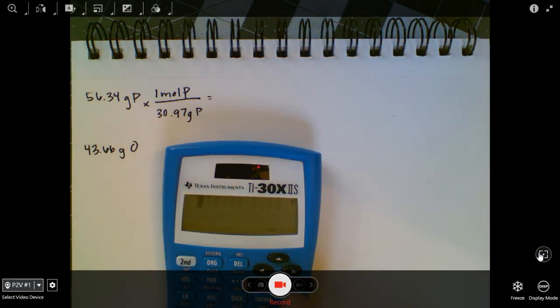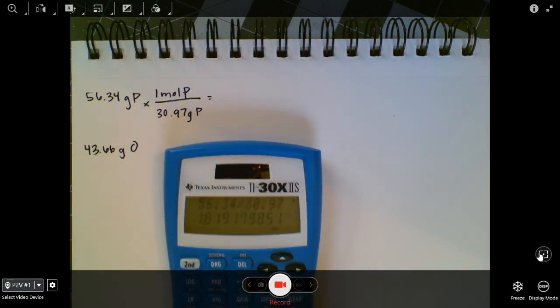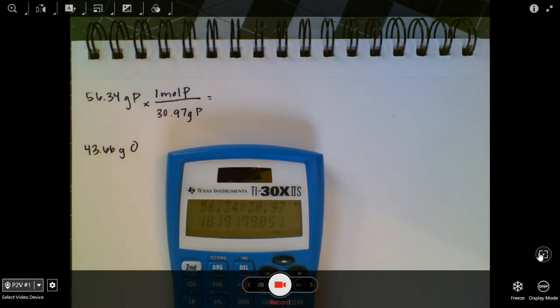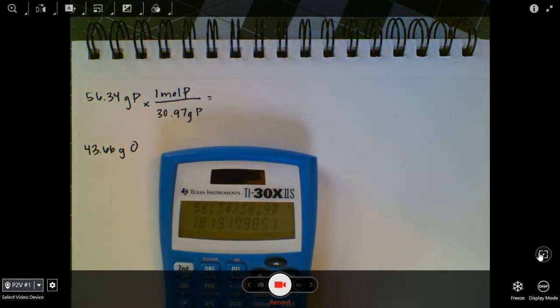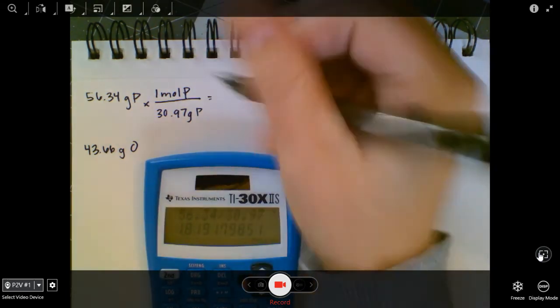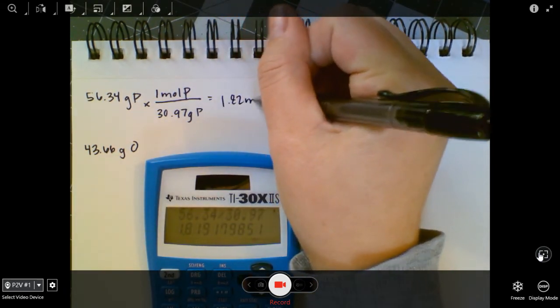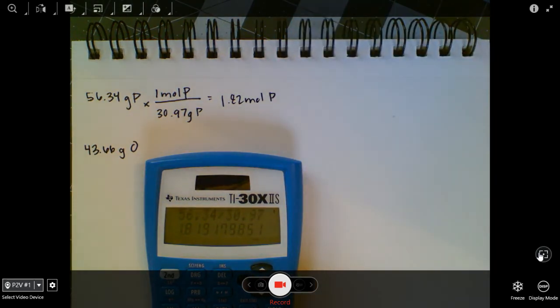So I am going to take 56.34, and then I'm going to divide that by 30.97. Okay, so I have in here 1.819 moles. Now it's not super important that I round that perfectly, so I'm just going to put 1.82 moles of phosphorus in there.